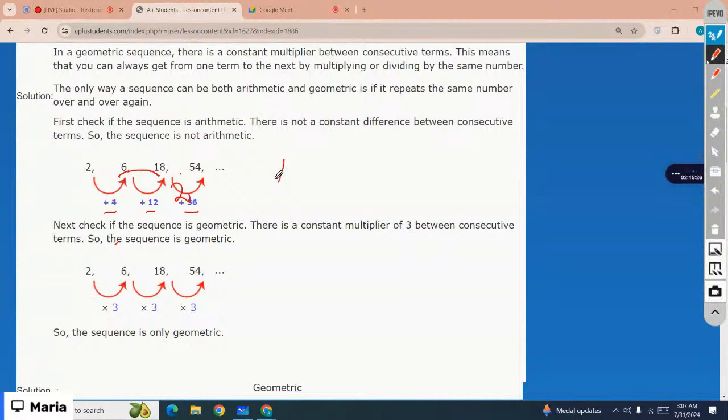So that is not an arithmetic sequence because you are not adding the same number. Now let's look at the geometric sequence. 2 times 3 is 6, 6 times 3 is 18, 18 times 3 is 54. So every number is a multiple of 3. Because you're multiplying, that is the geometric sequence.